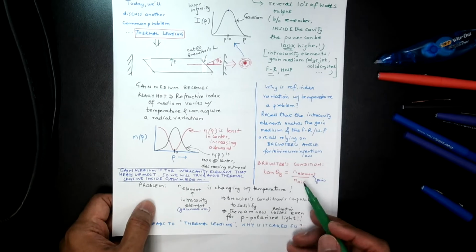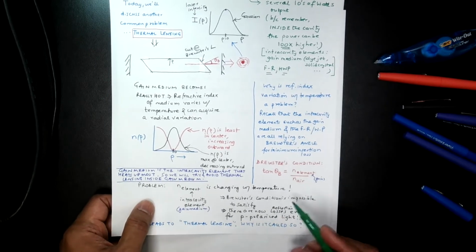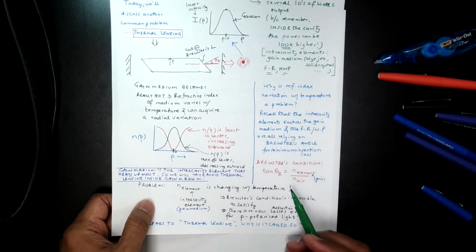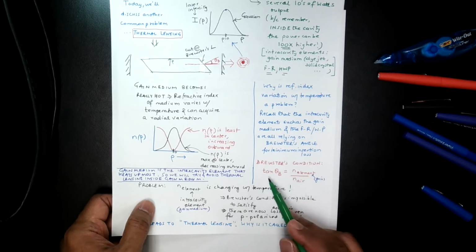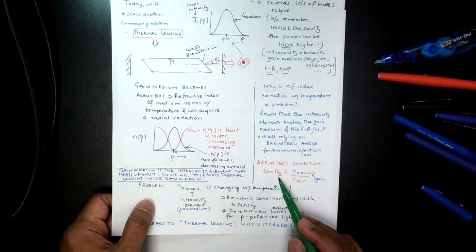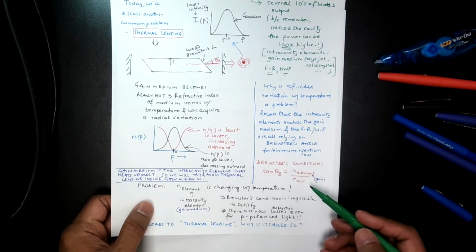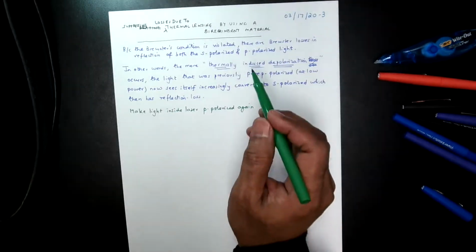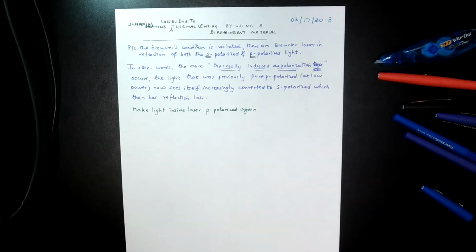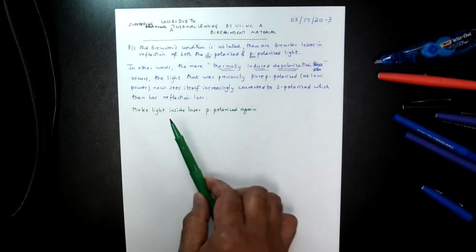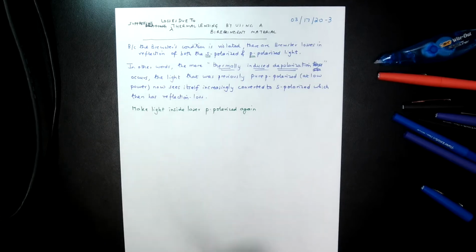So yeah, you're depolarizing and light is getting converted to S polarized. S polarized light always has reflection losses, but the P polarized light has no losses only when the Brewster's condition is satisfied. As you move away from the Brewster's condition, you will have losses in the P polarized light also. And that's what I'm trying to say here, that you have losses in both the S and the P polarized. But I just want to remind you that still you want to make the light inside the laser P polarized.